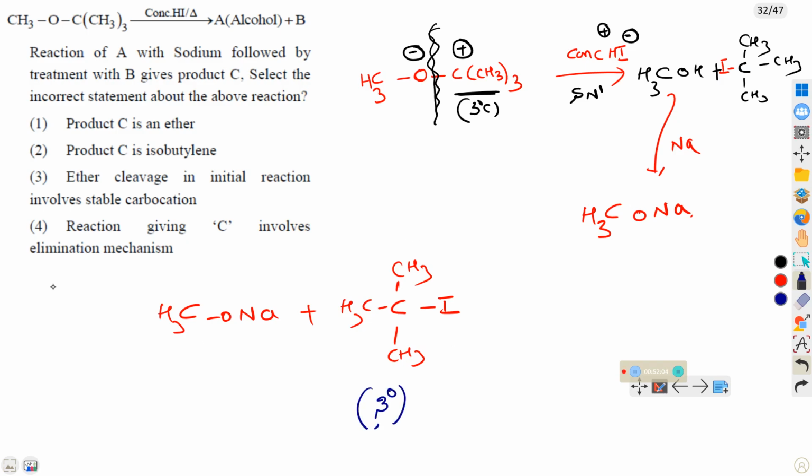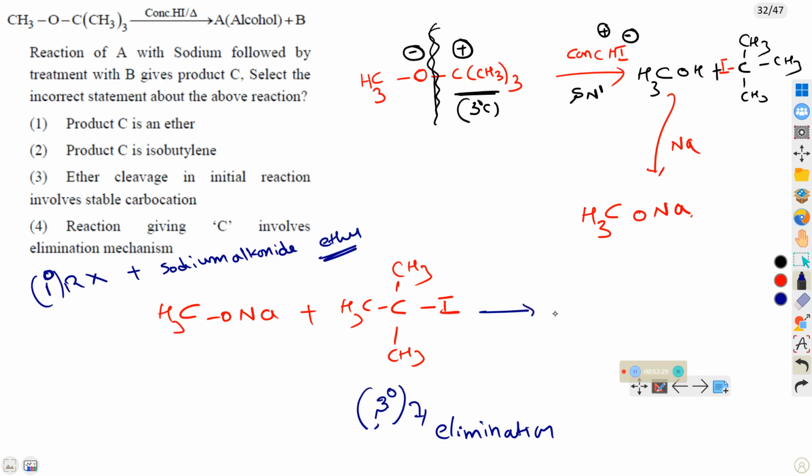If the alkyl halide were a 1-degree alkyl halide, it would react with sodium alkoxide and give an ether. But this is a 3-degree alkyl halide. Instead of nucleophilic substitution, elimination is favored. Elimination takes place and it gives the product alkene.